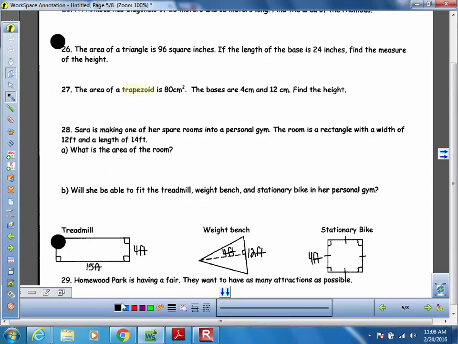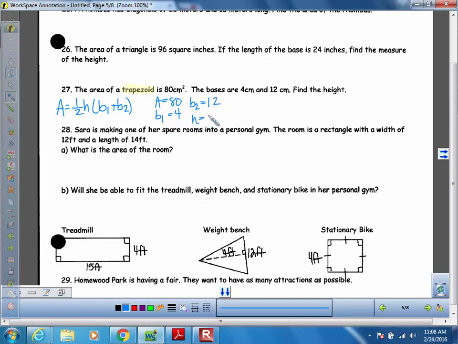Our formula for area of a trapezoid is 1/2 times the height times base 1 plus base 2. They give me the area, which is 80. They give me both bases, so base 1 I can say is 4, base 2 is 12, and they want us to find the height.